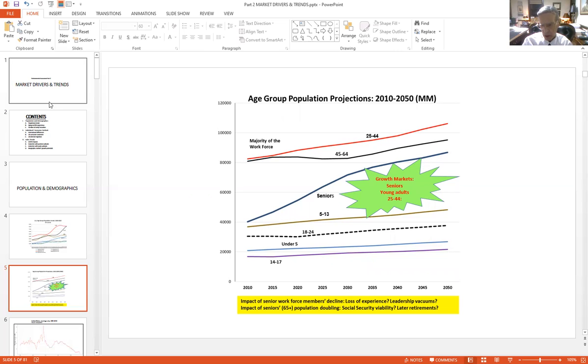But we can't forget the 45 to 64-year-old group either, because if we add those to the seniors, we get a really big group.